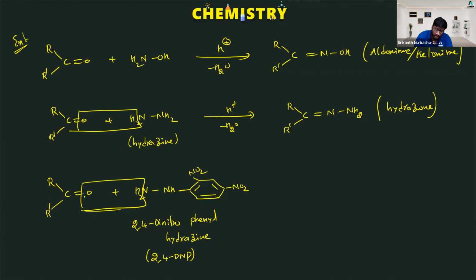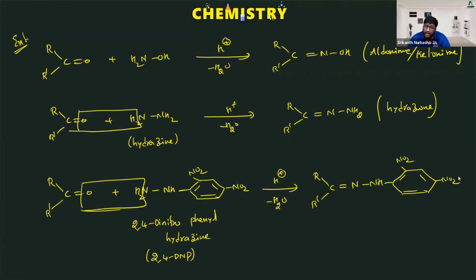Oxygen from the C double bond O and 2 hydrogens from the nitrogen are going to be lost. In the weakly acidic medium you are doing, loss of H2O will happen. So R, C, R dash, C double bond N, NH, with NO2 and NO2. This is nothing but 2,4-dinitrophenylhydrazone.